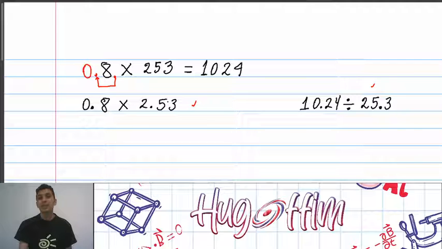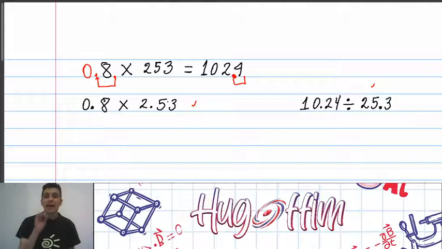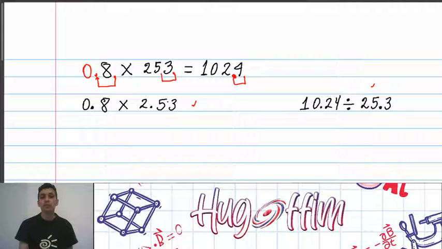But if you divide by 10 on the right side, you have to divide by 10 on the left side. So I'm going to divide by 10, so the decimal point will be here now. And the other number is 253, so if my decimal point is here, I need to divide by 100. I need to move it twice.